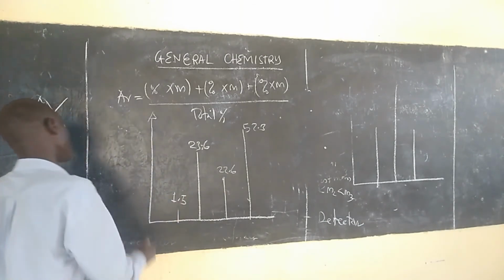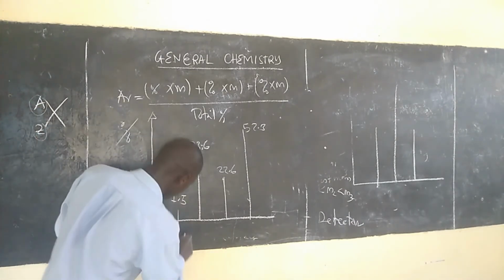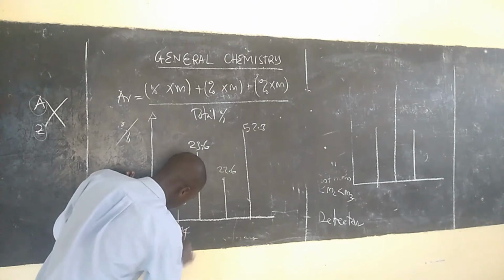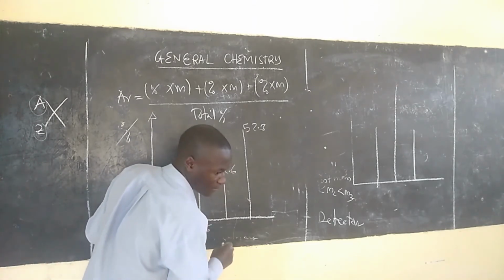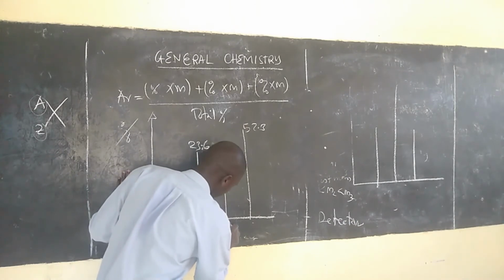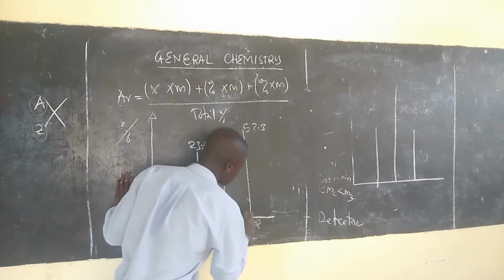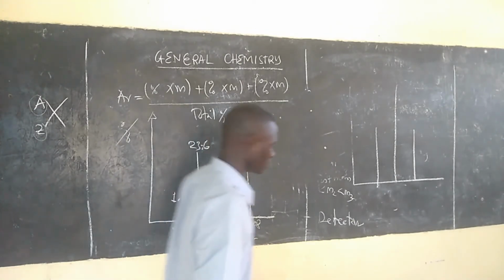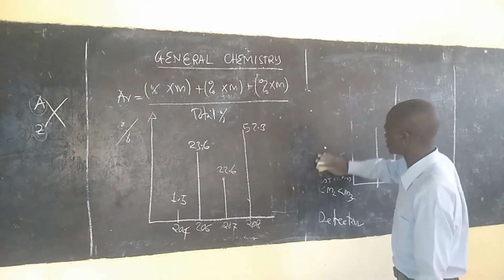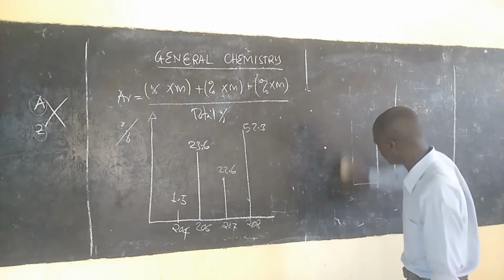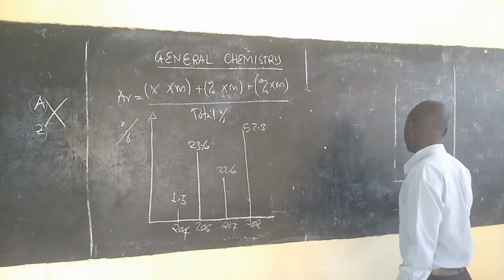So huku tuna percentage abundance, na huku chini tuna 204, toka hapo tuna 206, toka hapo tuna 207, na toka hapo tuna 208. The question is calculate the relative or average atomic mass of lead.